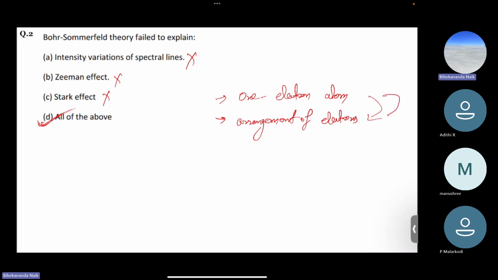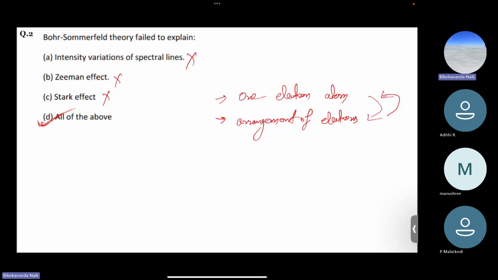Since we are only talking about a single electron, you are not bothered about the arrangement of electrons. Once you start talking about more than one electron, a number of electrons, then we will start discussing the arrangement of electrons. However, the theory was not able to explain these other two factors.